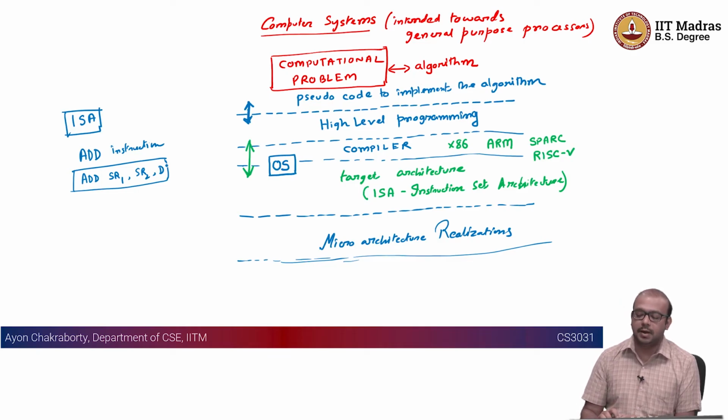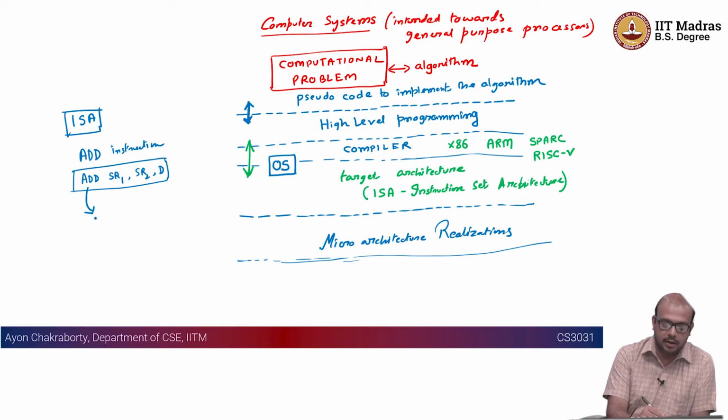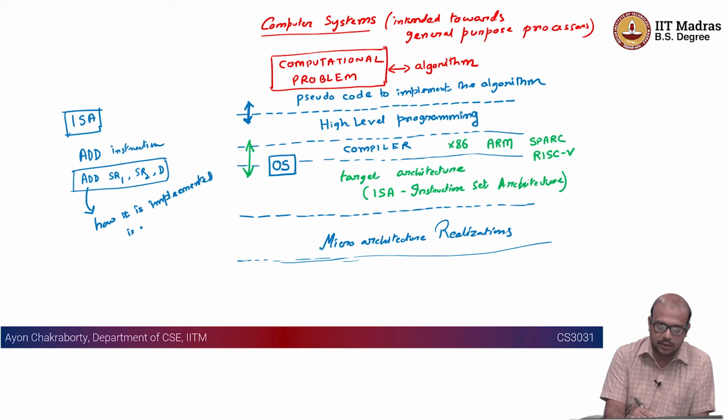Okay. So, what the microarchitecture exposes are sort of the APIs. The instruction set architecture is only going to be a set of APIs, which is your instructions. How it is implemented is the microarchitecture, which is here.